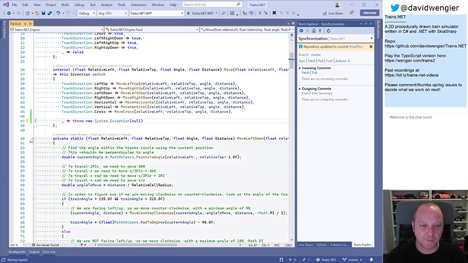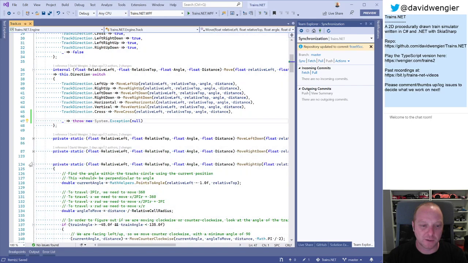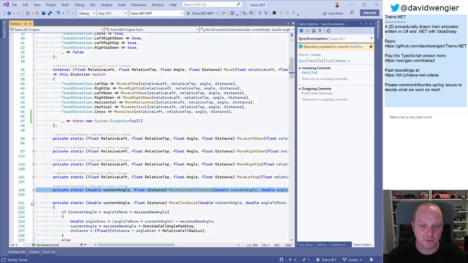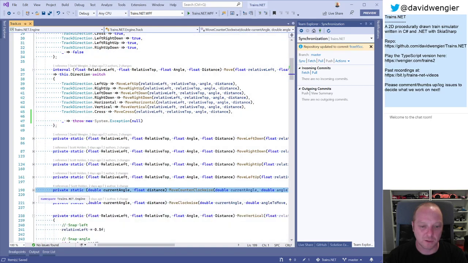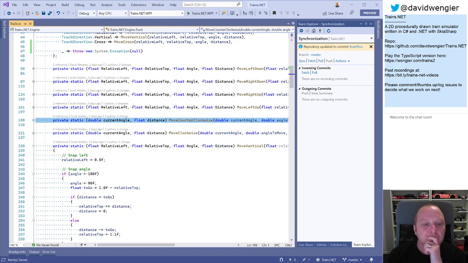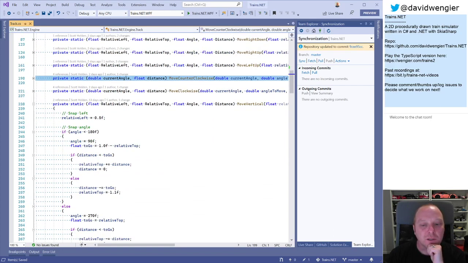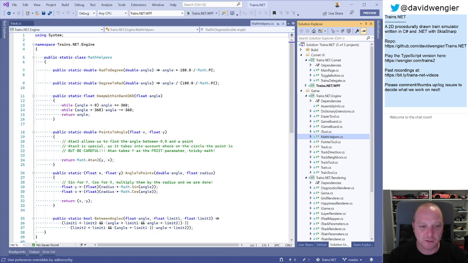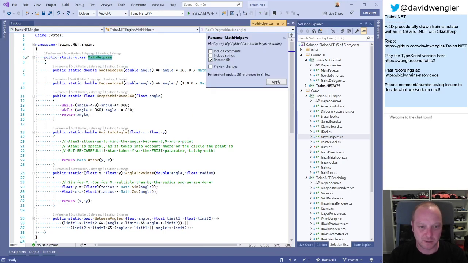Now, the first thing I'm going to do, I think, so these are all static methods. Move counterclockwise, move clockwise. I could put move vertical. Where's math helpers? There it is.